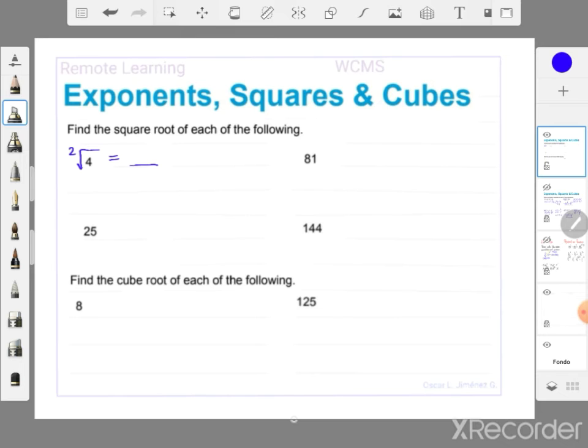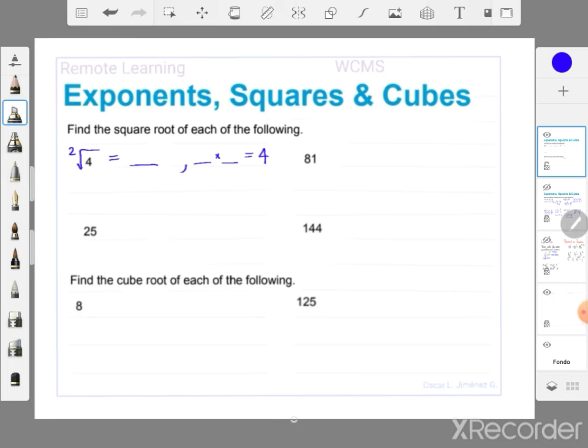You need to think of a number such that when you multiply this number by itself, it will be 4. And there are two possible numbers with this condition.